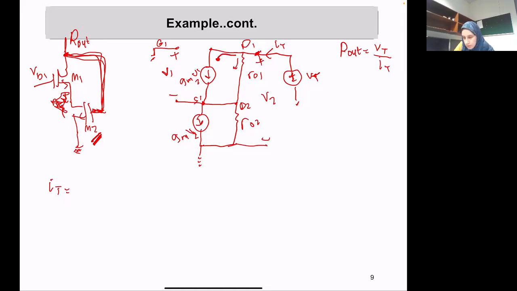So I test equals GM2 times V1 minus V1 divided by R out 2.